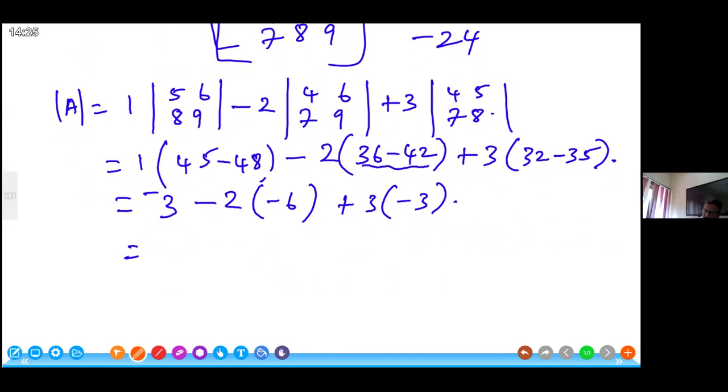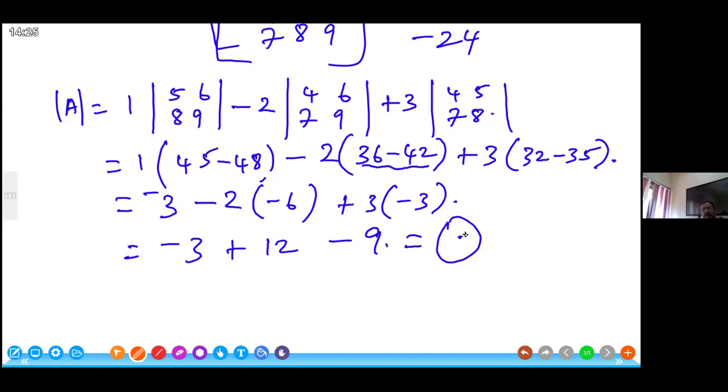If you expand further, minus 3 becomes plus 12 minus 9. So this is a singular matrix.